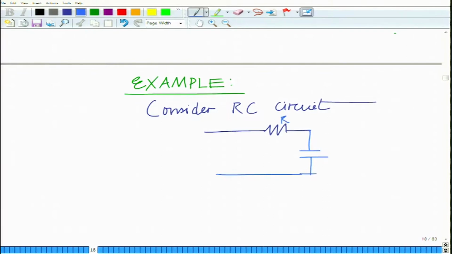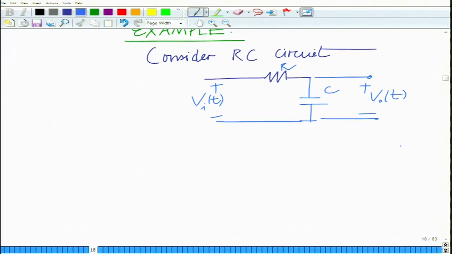This is R, this is C, this is your output voltage, and this is your input voltage, v_i(t), with the output voltage v_o(t). Now, we know the transfer function.